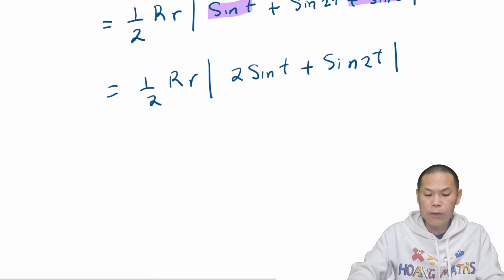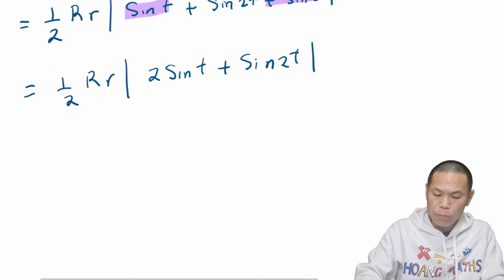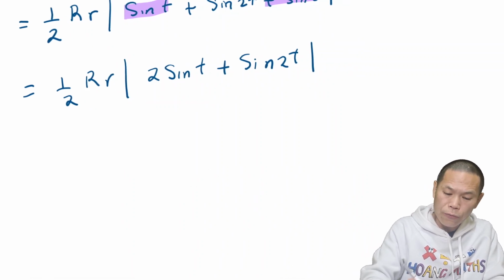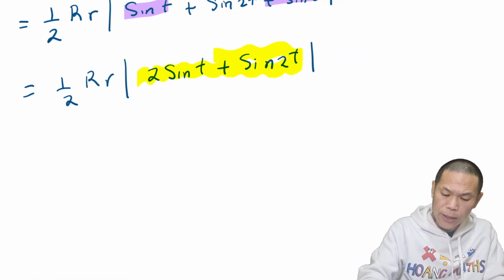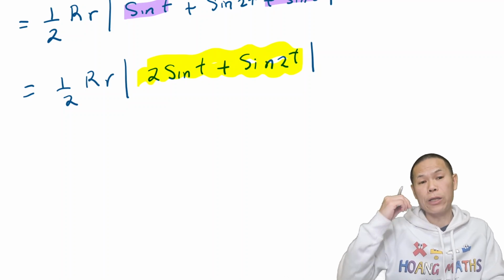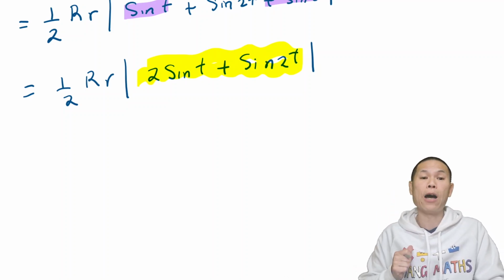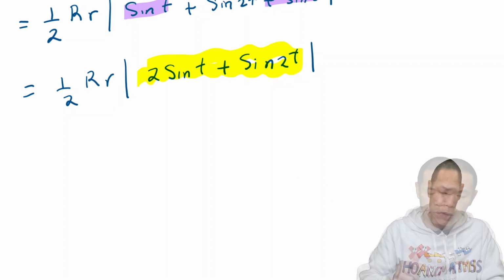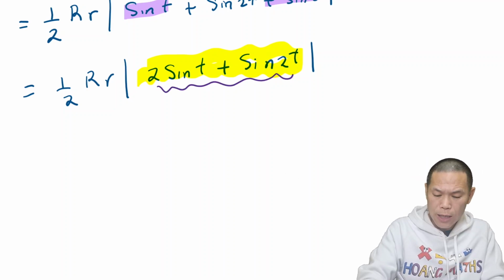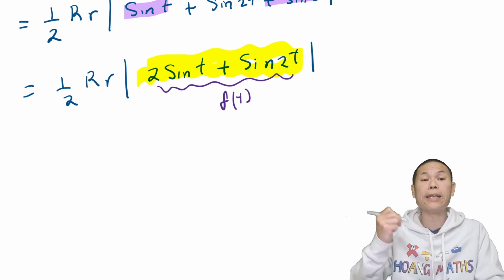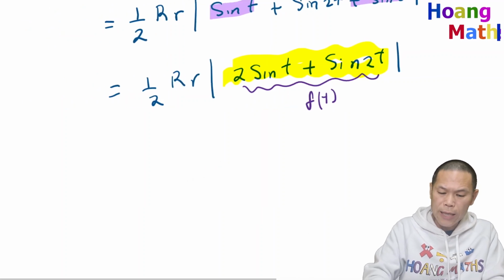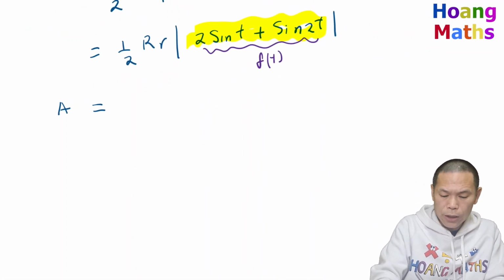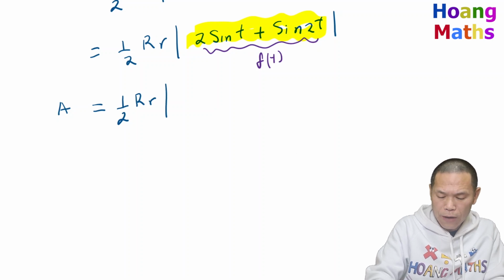Now, to find the maximum value, please take note, we need to find the derivative of this, make it equal 0, and solve for t. Of course, we need to test it to make sure it gives us the maximum. Let me name this function f of t to make it easier. So area is equal to half R r absolute value of f of t.